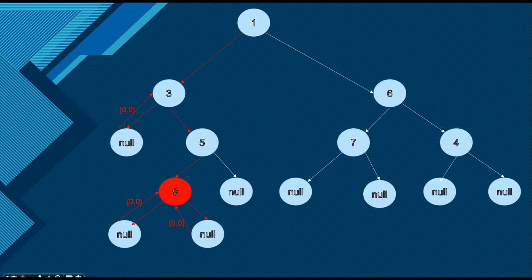Now at 9, what we have to do, we have to again perform two operations. First we have to calculate the maximum of left. So from the left we are getting 0 comma 0, so we have to take the maximum of 0 comma 0, that is 0. On the right we are getting 0 comma 0, so the maximum is 0.